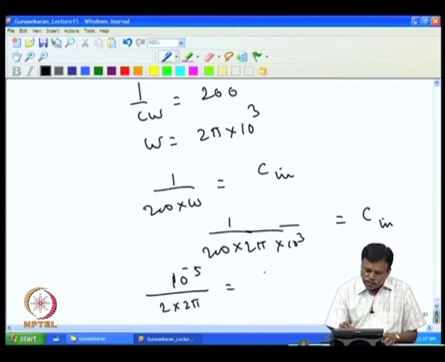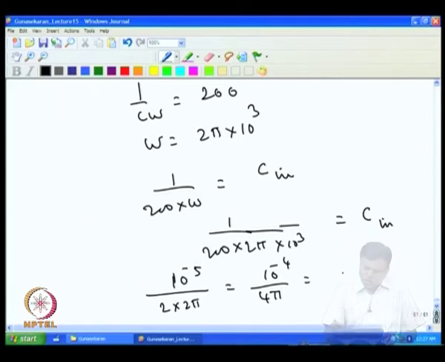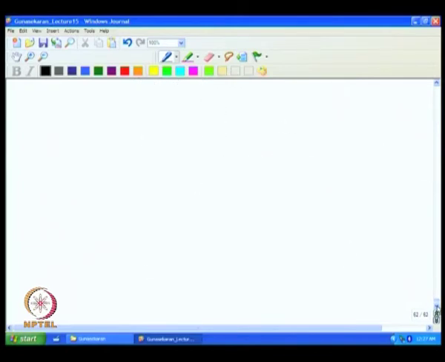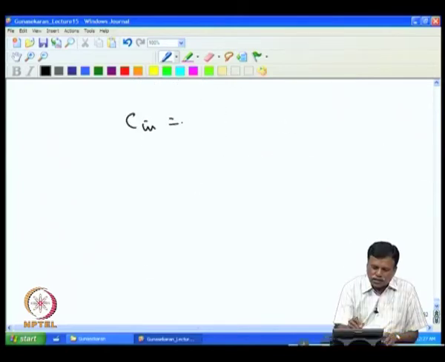So, that will be 10 power minus 5 divided by 4 pi, roughly 12. So, that will be 10 power minus 6 roughly farad, that is 1 microfarad is required for C in. So, we can decide C in as nearly 1 microfarad.